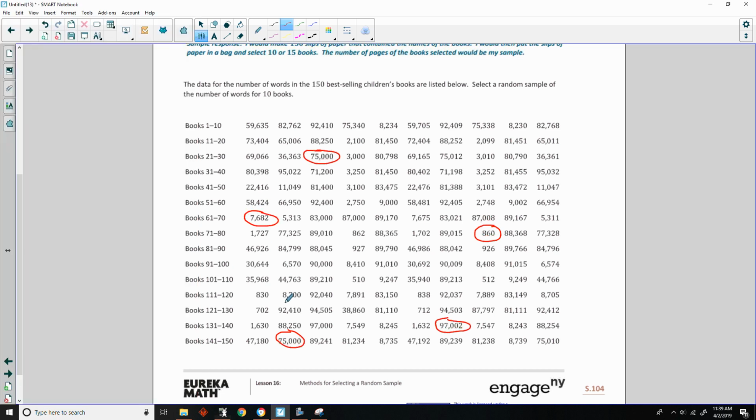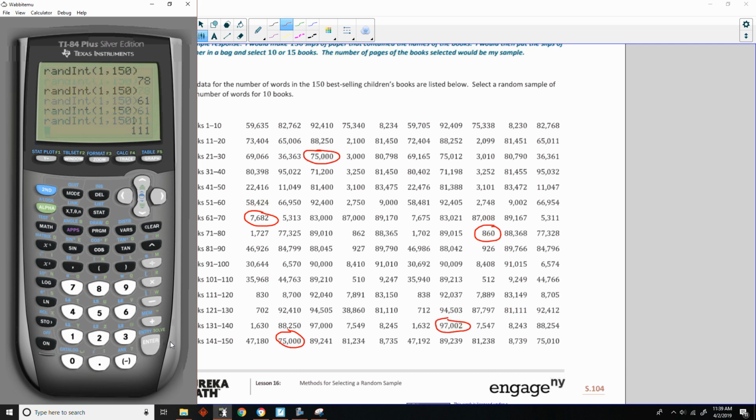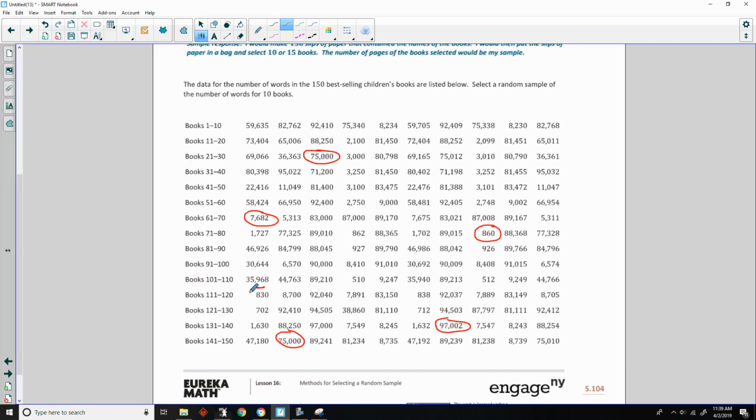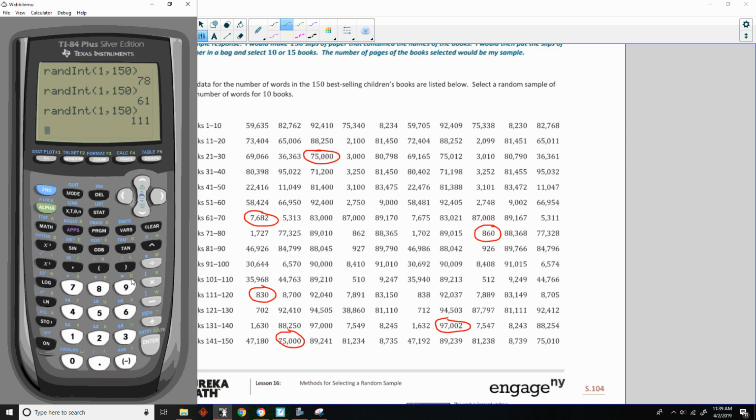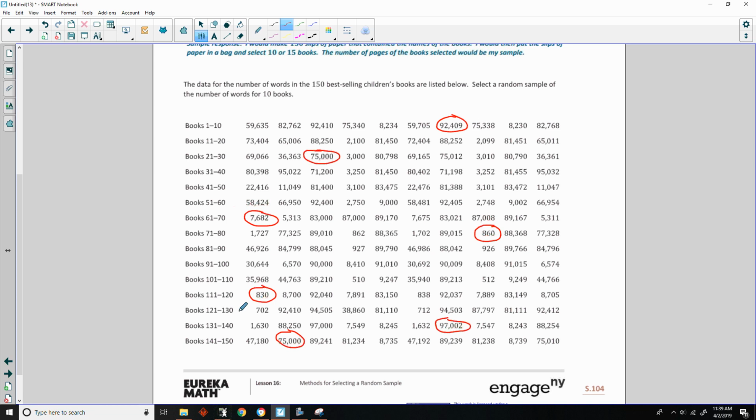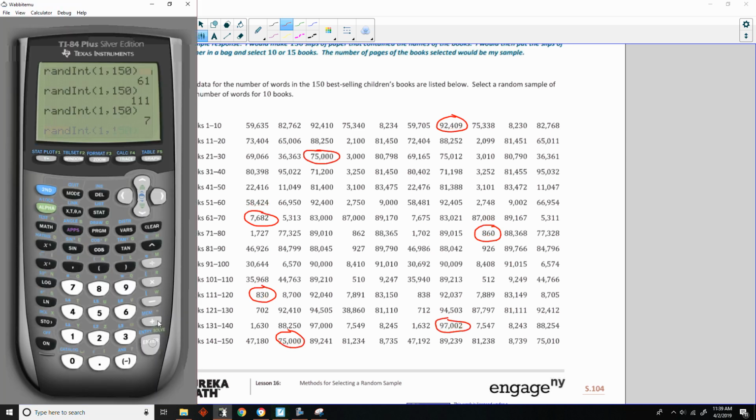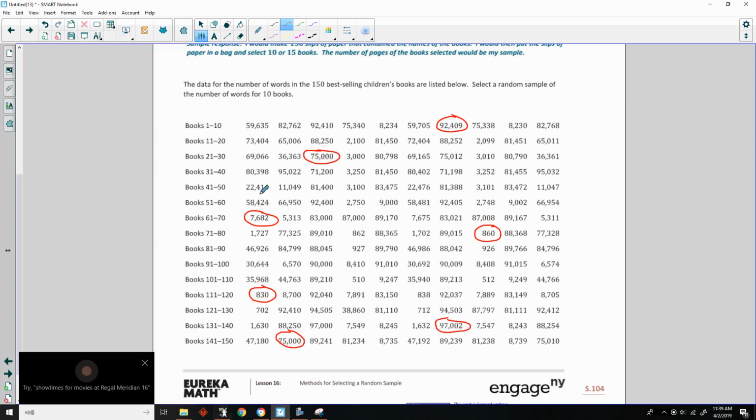So there's 5, and I keep going. Hit enter, 111 is this book here. Hit enter again, 7. 10, 9, 8, this one is 7. Hit enter, 51. That is this one right here.